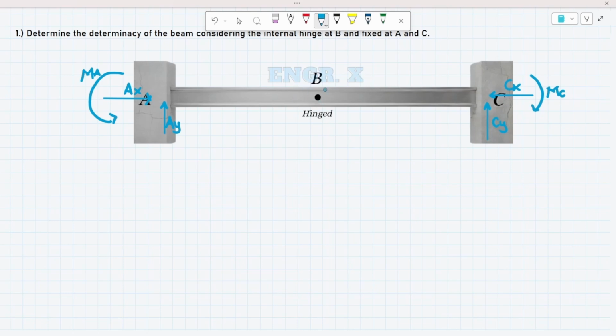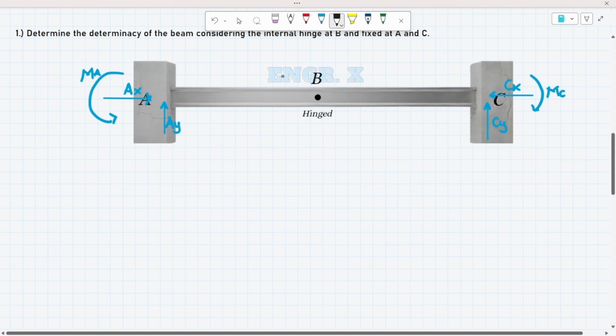Now, how about this internal hinge? The concept of internal hinge is that pwede mong ma-divide yung beam into two independent parts. Kasi the moment here at the hinge is 0 and the reaction of the hinge is equal to either of the parts.